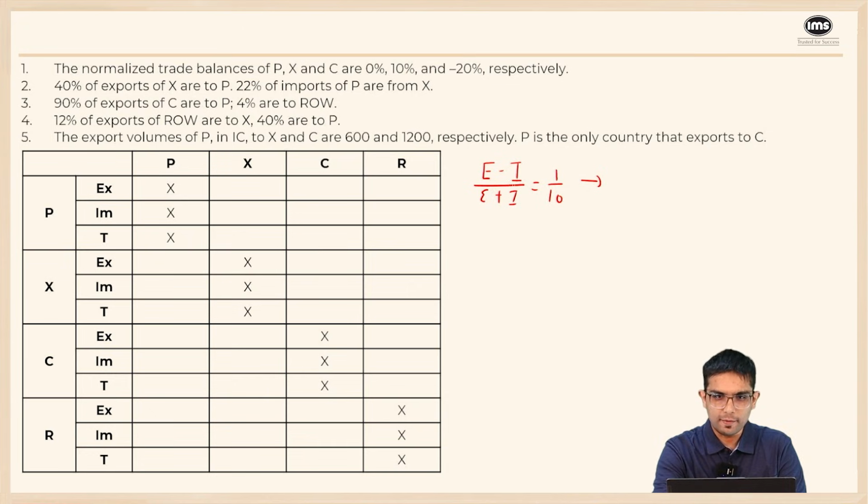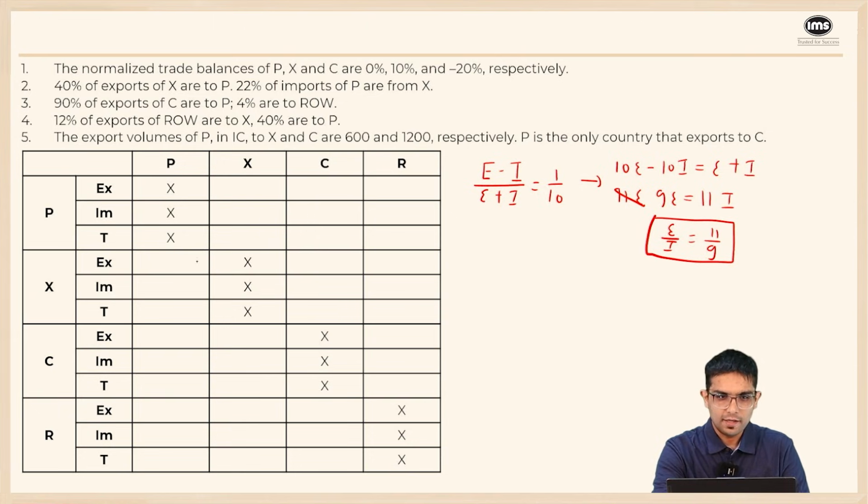If I cross multiply, that will become 10E minus 10I is equal to E plus I. So that makes it 9E equals 11I. So that means export upon import is 11 by 9. So if export of X is 11X, import of X will become 9X and total trade will become 20X. I hope this is understood.